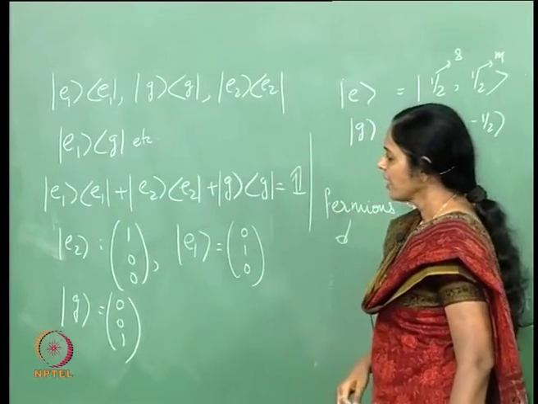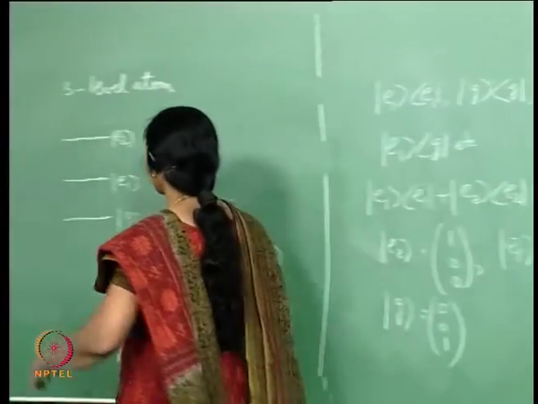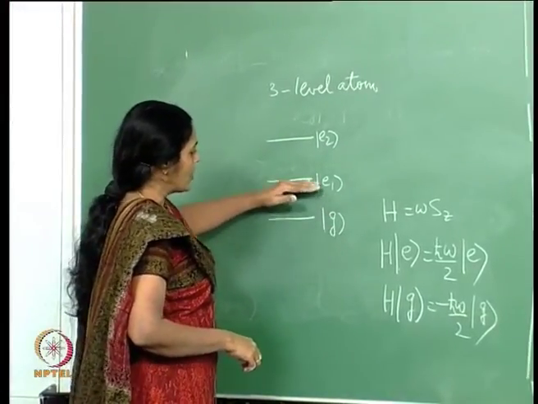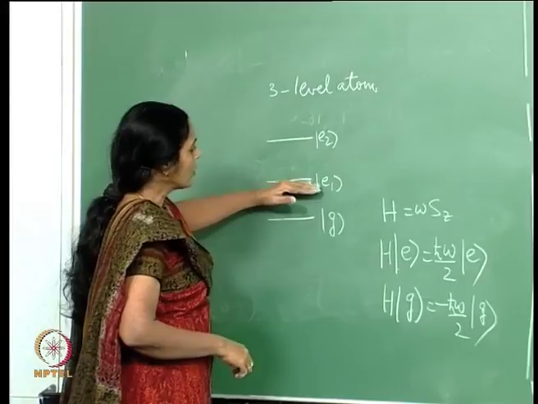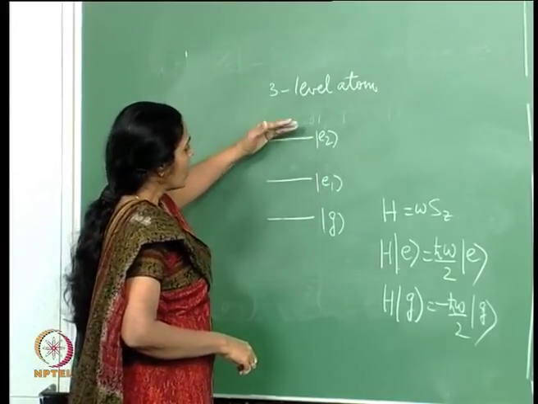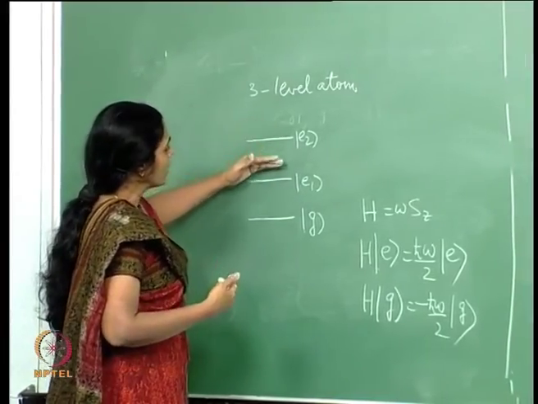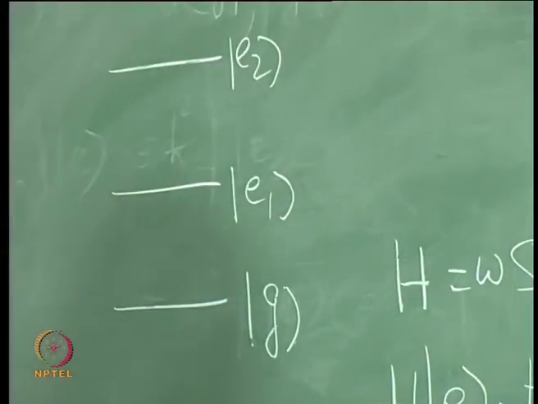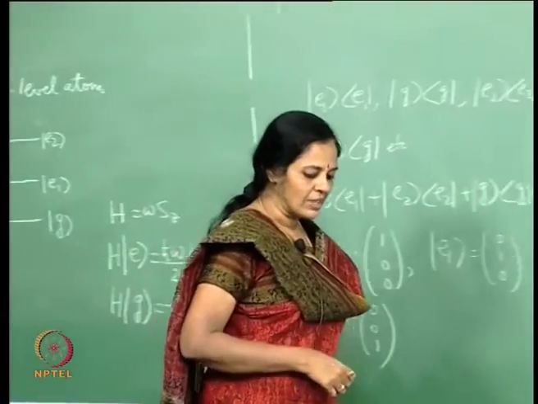I should be able to construct raising operators, that is operators which act on ket G and take it to ket E1, act on ket E1, take it to ket E2, and lowering operators which will bring down the atomic levels, which will bring down this level here and this level there. How exactly is this done?